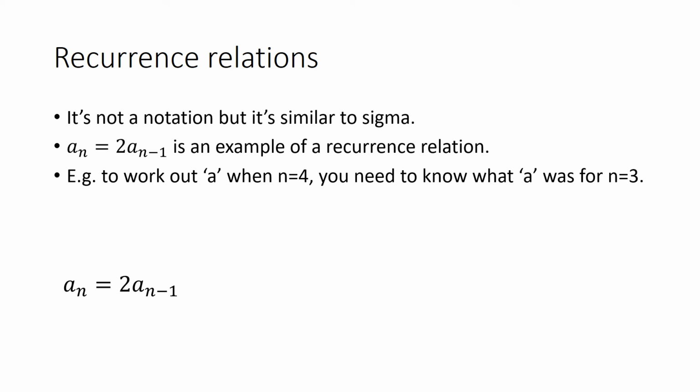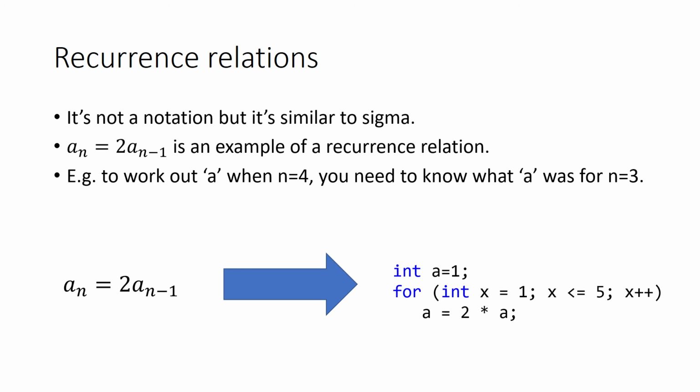So here's, for example, a n equals 2a n minus 1. That subscript tells you which number in the recurring sequence we're looking at each time.